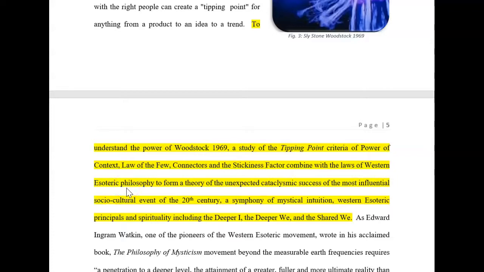They're going to learn about how that forms a theory of success in the most influential socio-cultural event of the 20th century, which I've already proved. A symphony of mystical intuition, Western esoteric principles, and spirituality, including the deeper I, the deeper we, and the shared we. That's it. That's the thesis statement. All right.